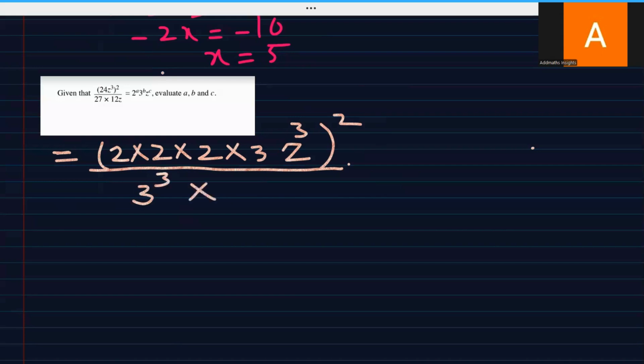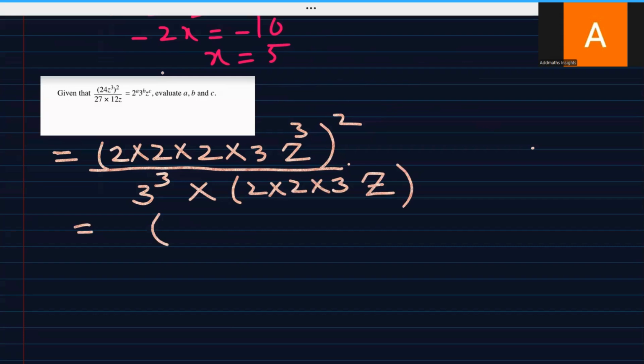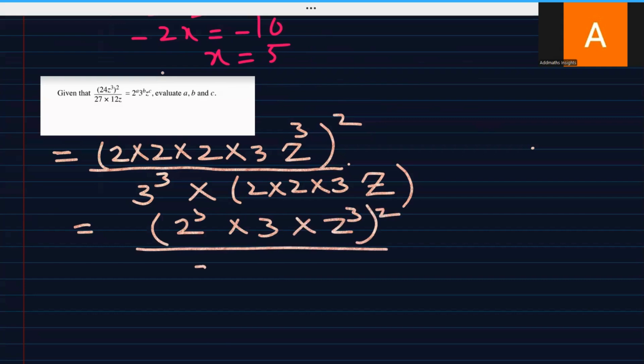And similarly, you cannot express 12 as the power of a single number, so you need to make prime factors. 12 can be written as 2 times 2 times 3, and then z. Now you can write 2 into 2 into 2 as 2 cube into 3 into z cube squared over 3 cube into 2 square into 3 into z.